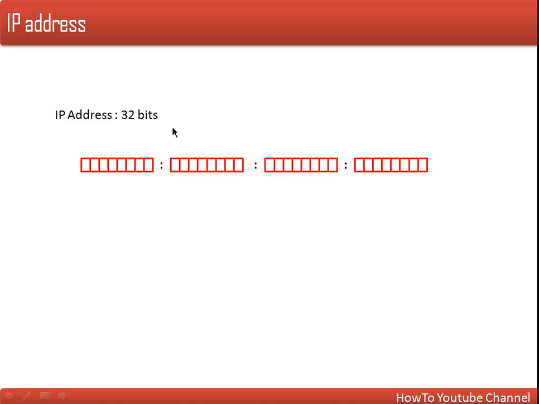So these 32 bits are shown as 4 bytes, and for better interpretation these bytes are separated by colon. So this is only for human interpretation. In actual they are stored in binary without any colon. So binary notation for IP address is like this one.